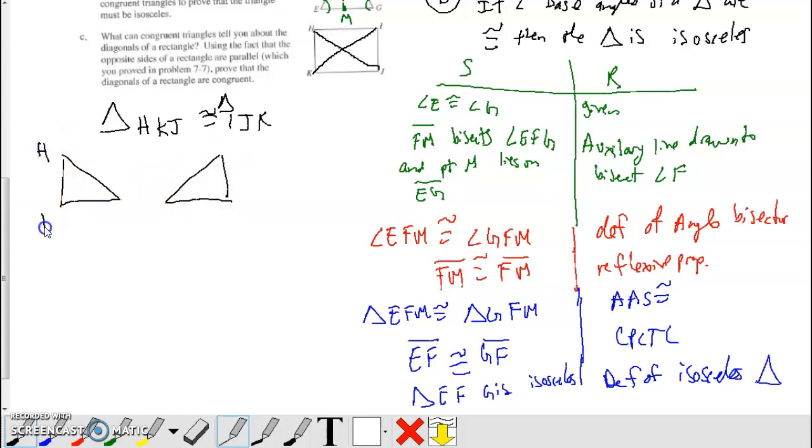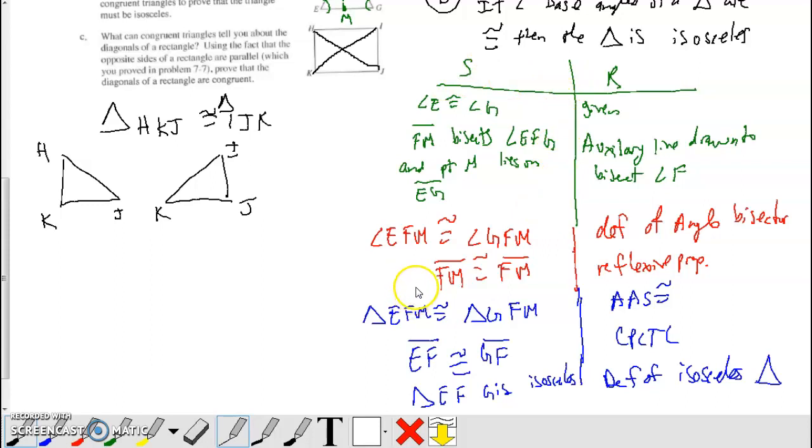So we have HKJ, and then IKJ. When you think you have some sort of flow chart or statement and reason two-column proof, pause it, and we'll see how you did.